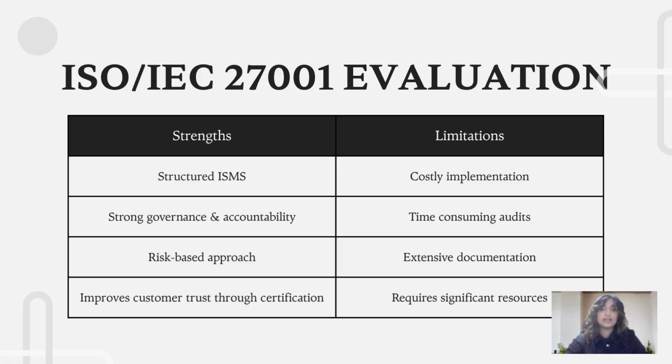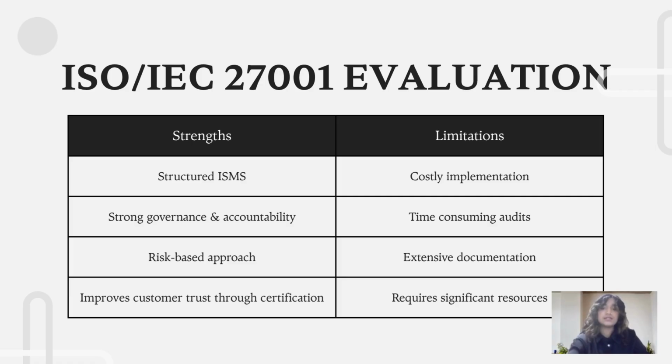This helps the organization manage information security in a systematic and organized manner. Another strength is the strong governance and accountability. ISO IEC 27001 clearly defines roles and responsibilities, helping the organization maintain consistent security procedures across departments.